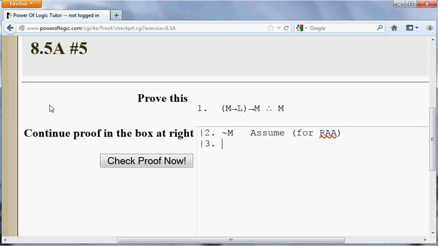The assumption here gives us some help because now 1 and 2 do instantiate a simple implicational rule, modus tollens. So that gives us not M then L. Okay, so that's a 1, 2 modus tollens.